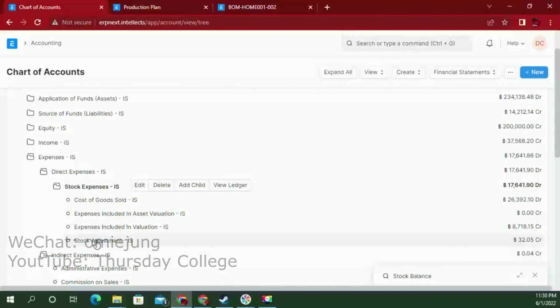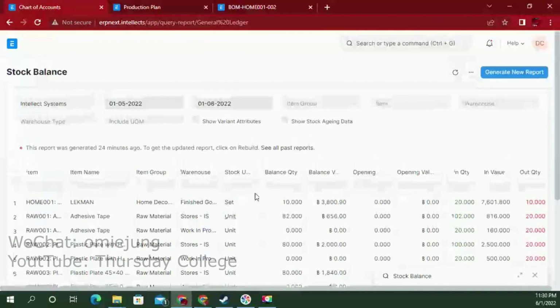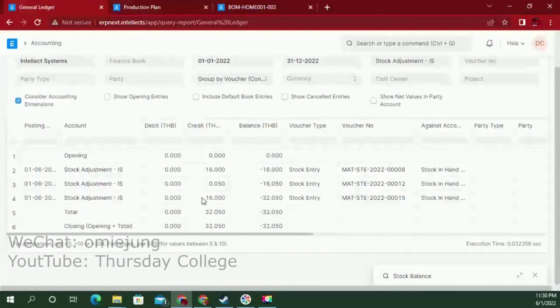This one is stock adjustment. When you see the stock adjustment, it has a value of 16, something like that, because of what you did. It means the stock just popped up right away.